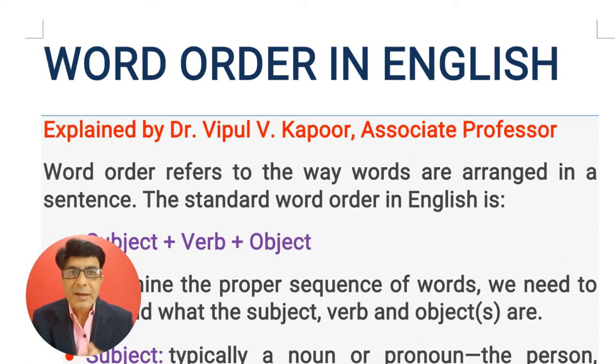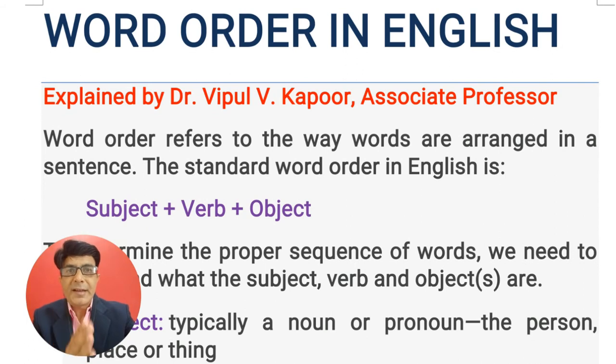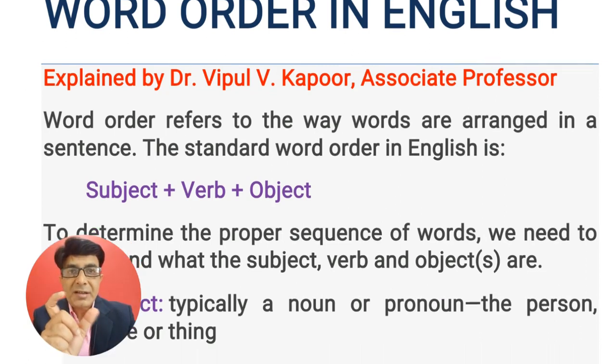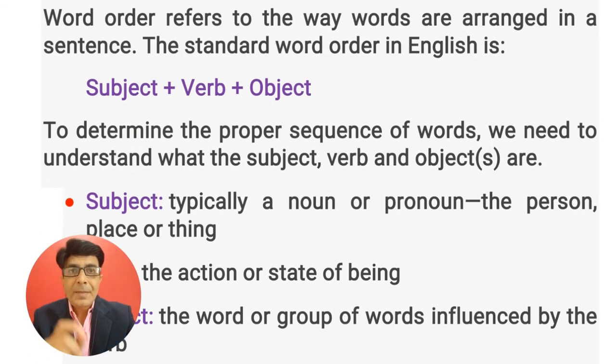We know that the common pattern of writing sentences in English is subject, verb and object. माने कर्ता, क्रियापद और कर्म. You cannot change the order of these three in English sentence, right?